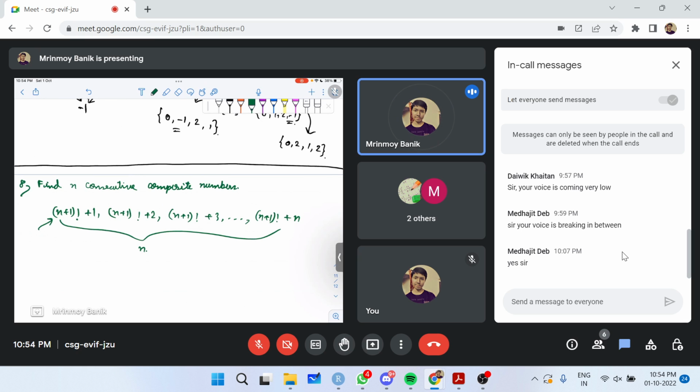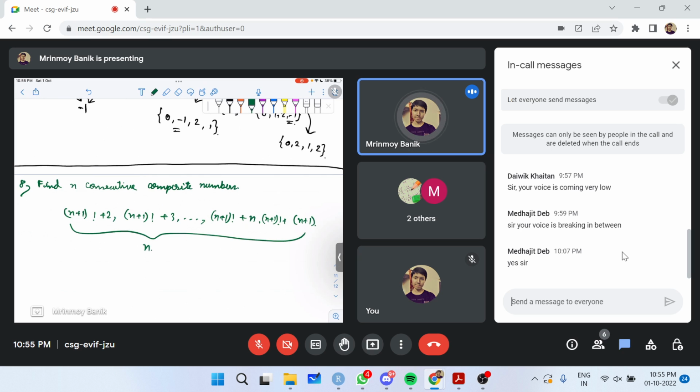Sorry, we can't take the first number, since one is not composite. So n plus 1 factorial plus n plus 1 is the last one. Each of these n numbers is divisible by either 2 or 3 or 4 or n plus 1, and they are certainly greater than 2, 3 and n plus 1. So they are certainly composites.